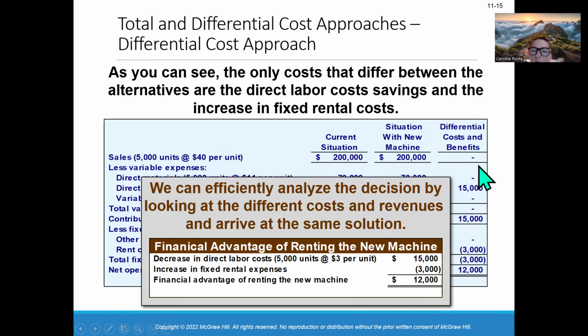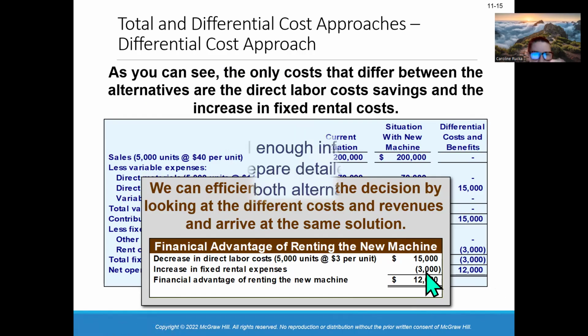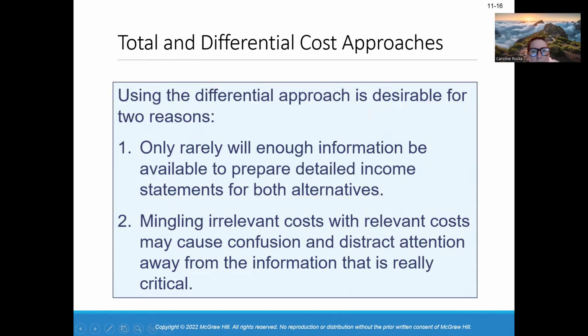So we don't have to put it in this big table where we look at two income statements side by side. We could just look at the two costs that change to get our change in income. Does that make sense?